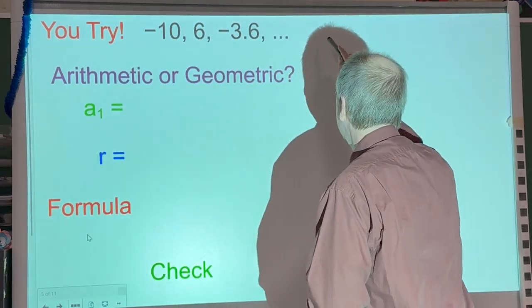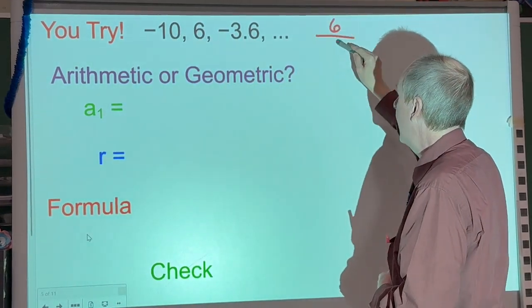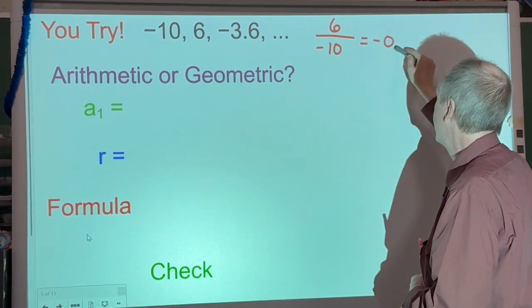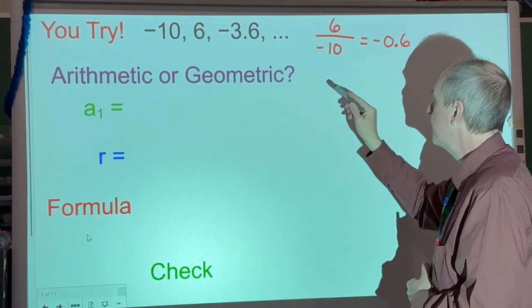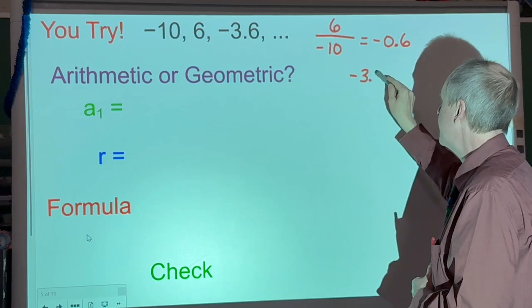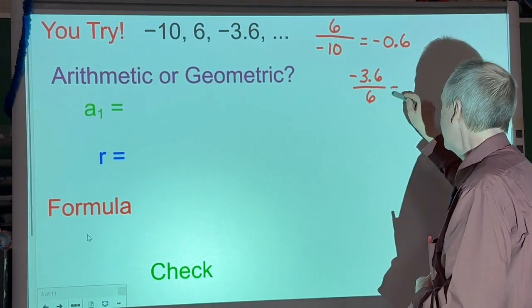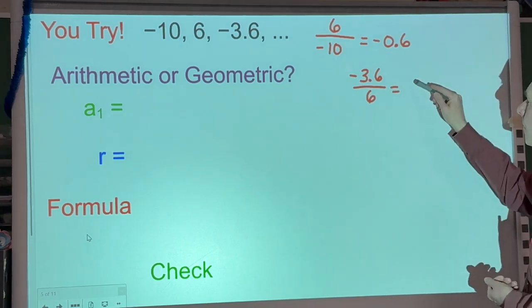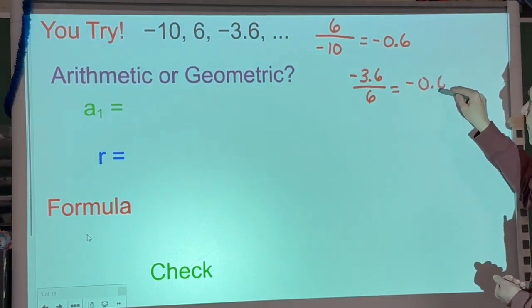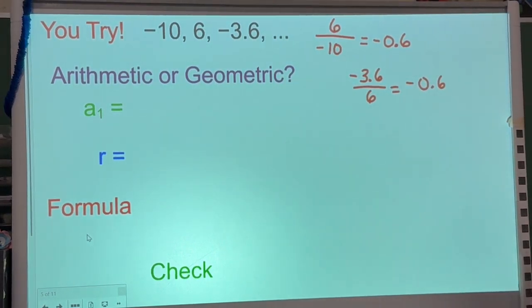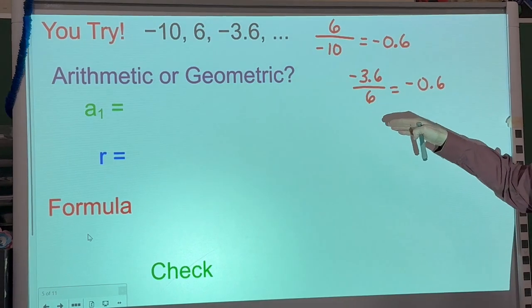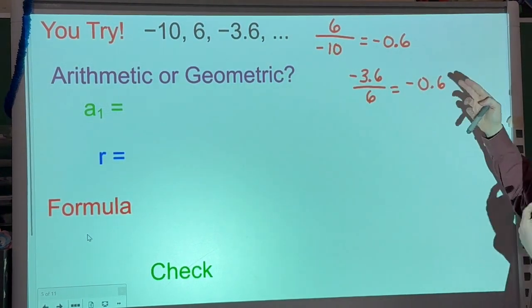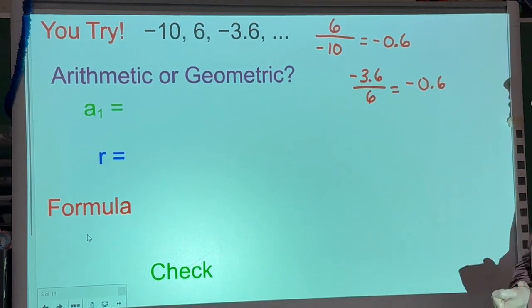Let's take our 6 divided by negative 10. Let's take negative 3.6 divided by 6. Might want to put it in a calculator. 36 divided by 6 is 6, but there's a decimal point involved.